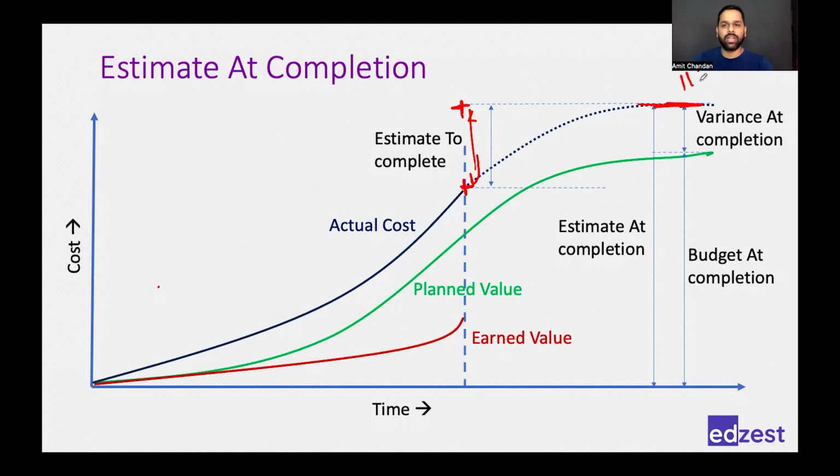If this is $11 million and this is maybe $5 million that we have already spent, so we need $6 million more to complete the project. And hence it is called estimate to complete. So by looking at the chart itself, you will come to know the numbers.